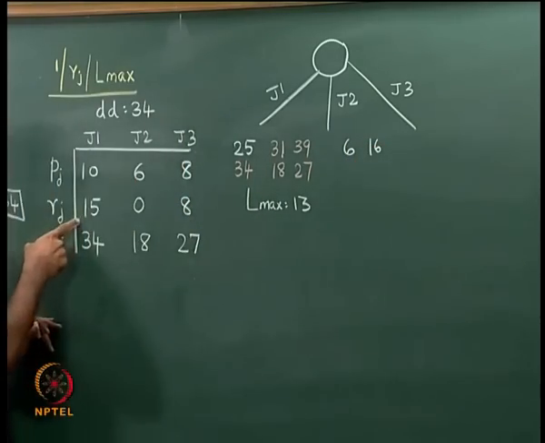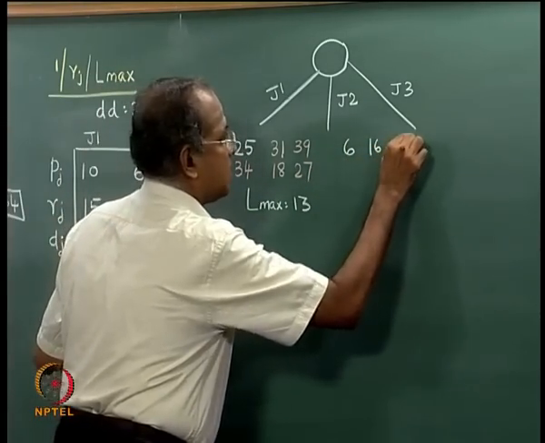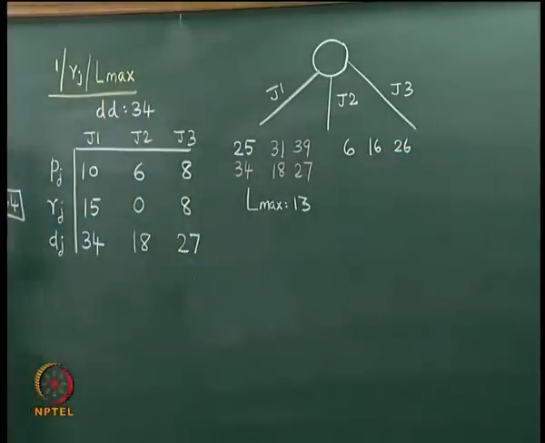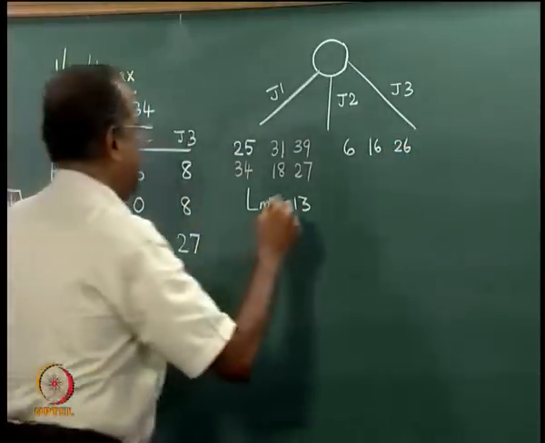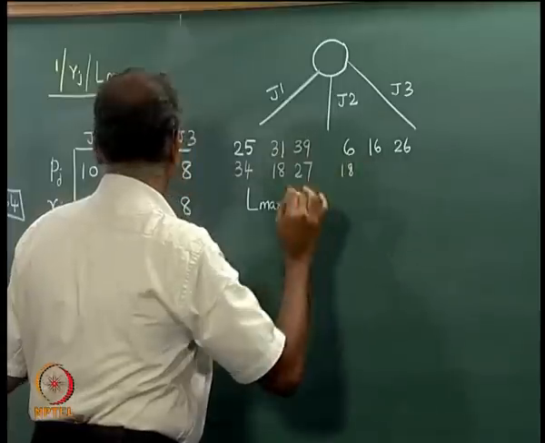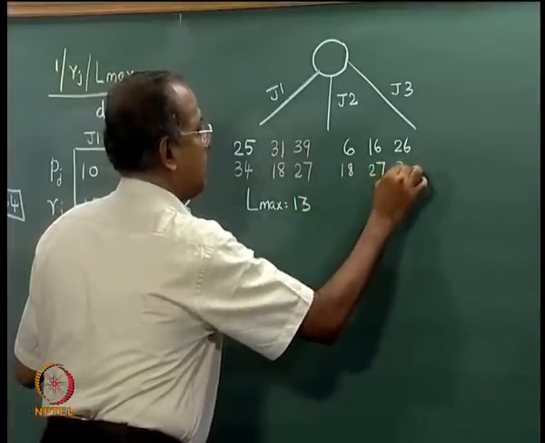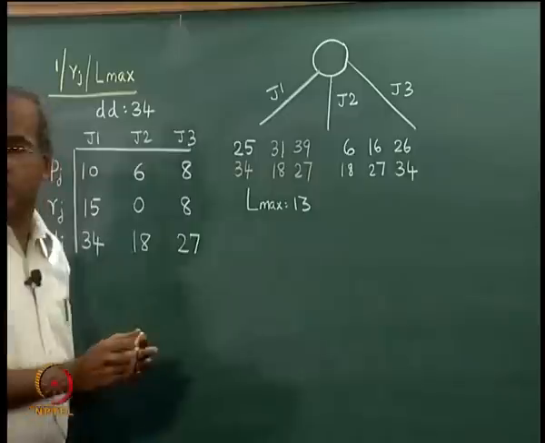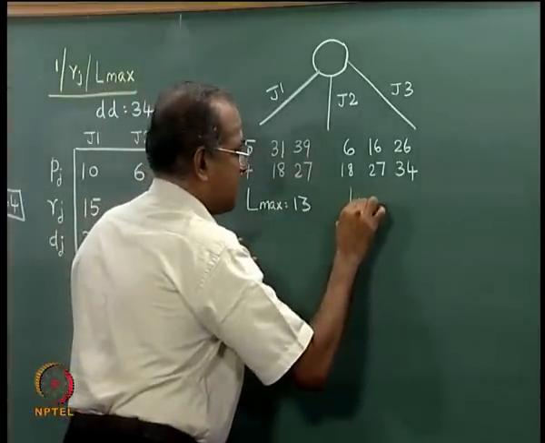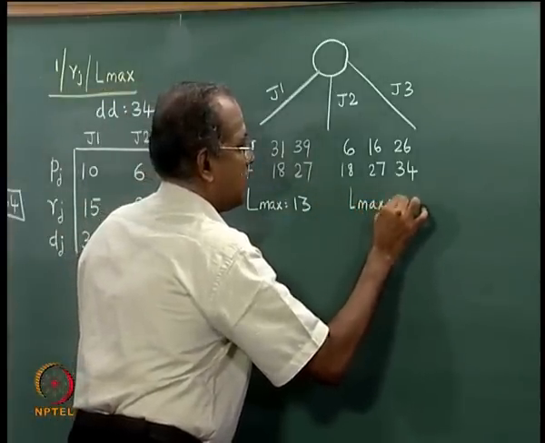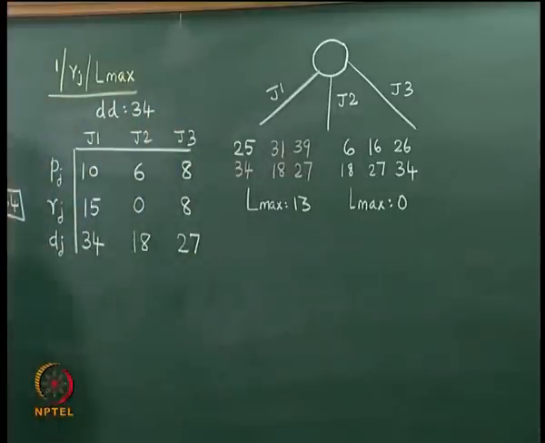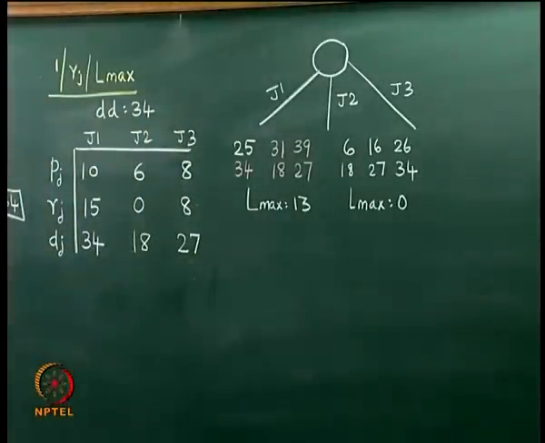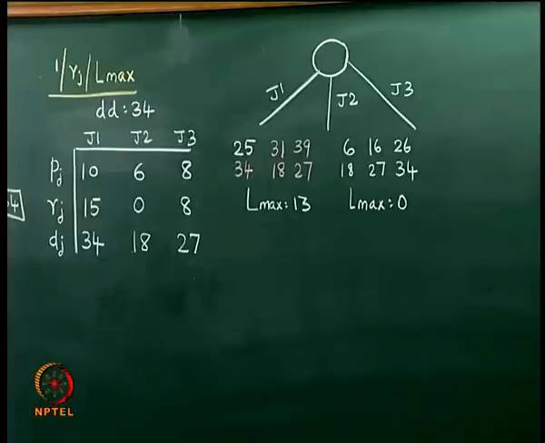Now, this is available at 15, 16 plus 10, 26. Now, the due dates are 18, 27 and 34. So, lower bound on Lmax is equal to 0 because all of them are within the due dates.